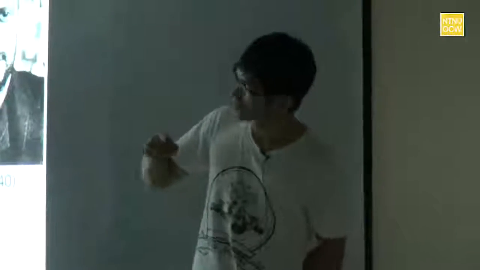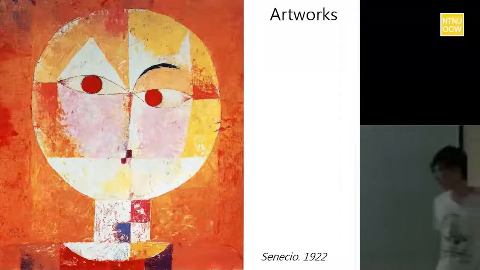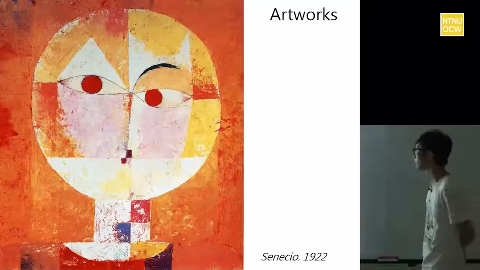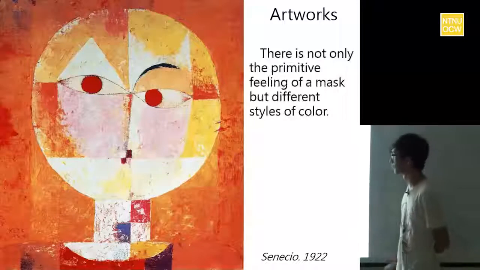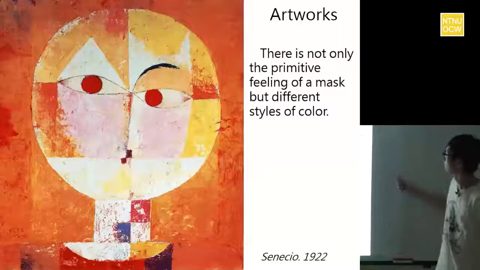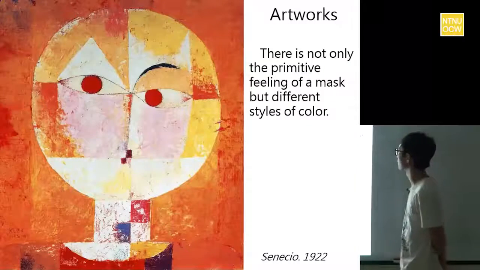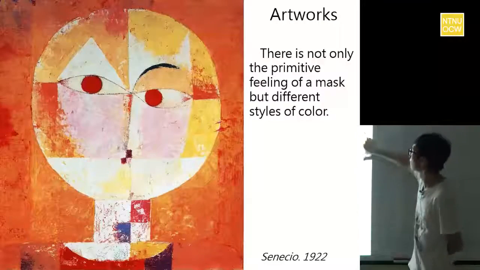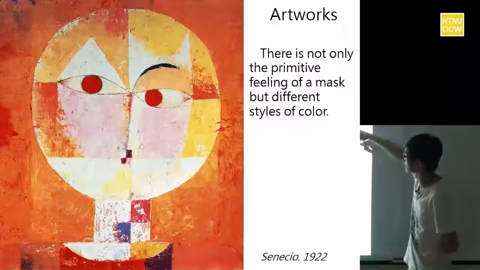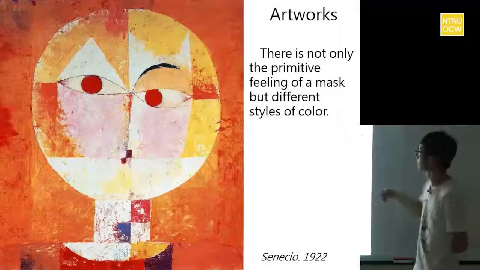Next I'm going to introduce the artwork in this technique book. There is not only the primitive feeling of masks, but different styles of color. This is described in your textbook.